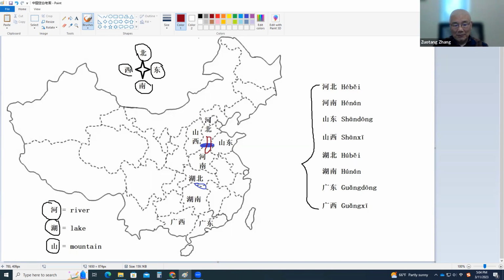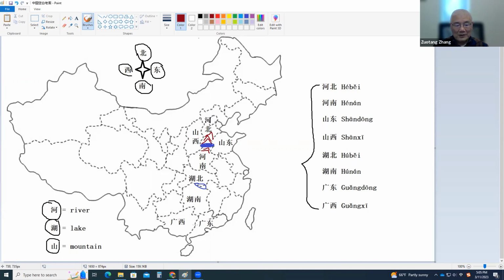So there is a mountain. Or otherwise, let's see if we can make it this way. Yes, so make them believe that these are mountains. So to the east of the mountain is Shandong, and to the west of the mountain is Shanxi.